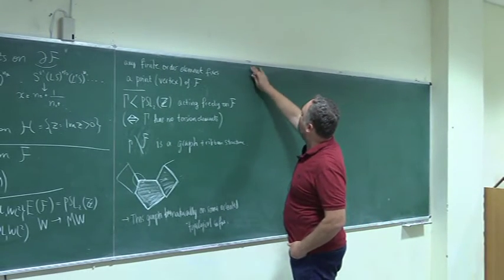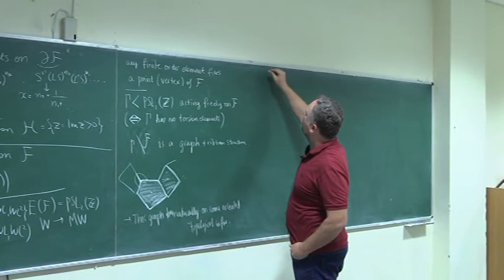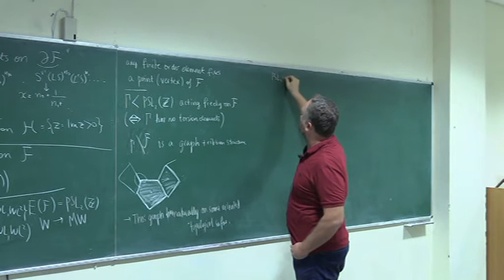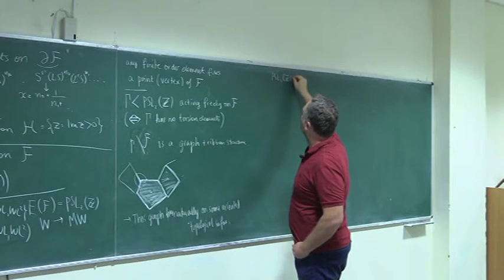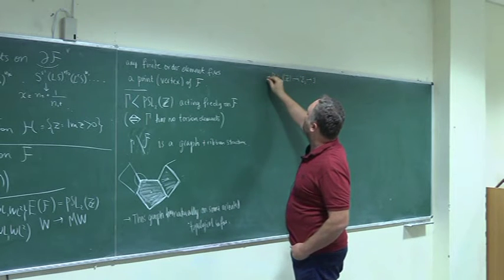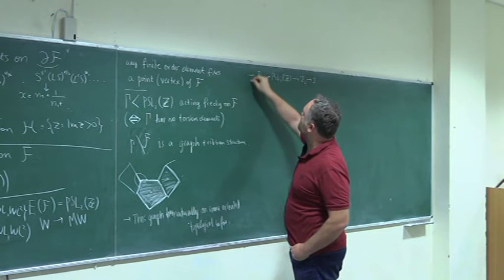For example, one of the first subgroups that I gave you was this. I gave you the exact sequence to sigma 3, which defines a subgroup.